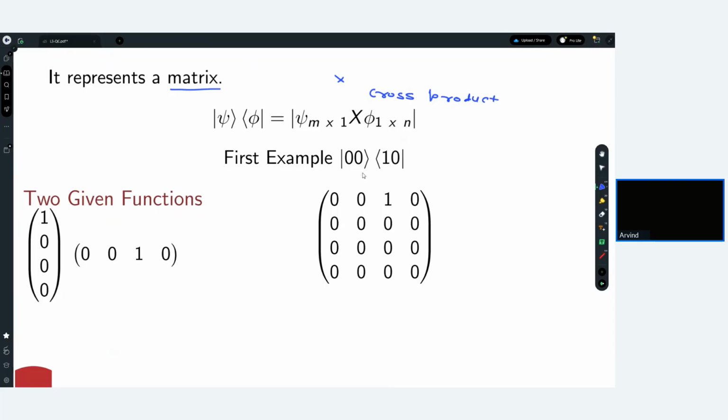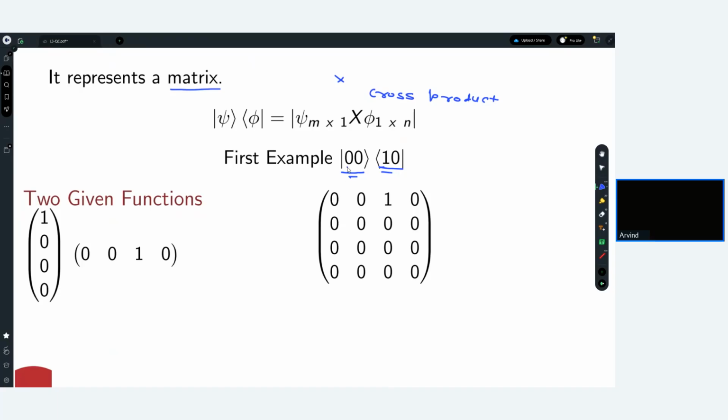So let us take an example. Here we are writing ket 00 as the first ket and bra 10 as the bra notation that we are taking.